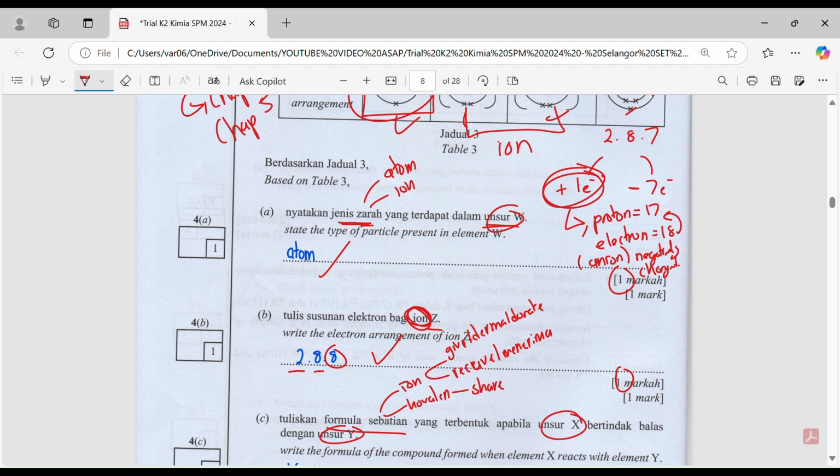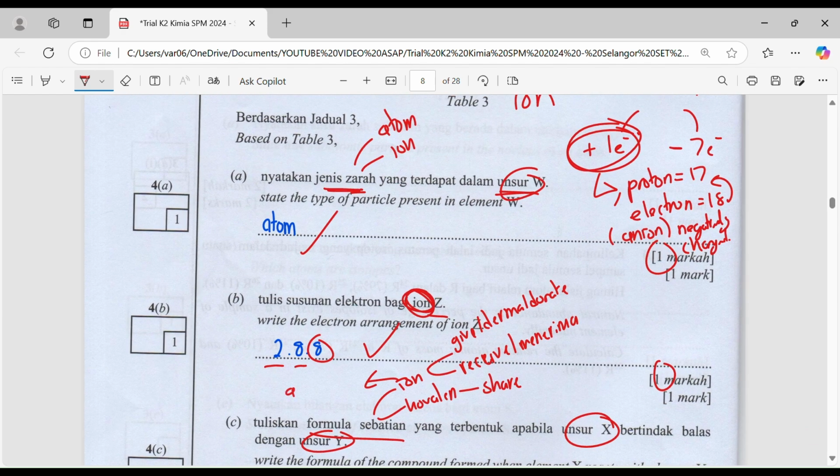Covalent, on the other hand, they will share electrons. Right? Ionic bond, basically we're talking about the ionic bond, and then that ionic bond will become an ionic compound. Right? So ionic forms between a non-metal atom and a metal atom.